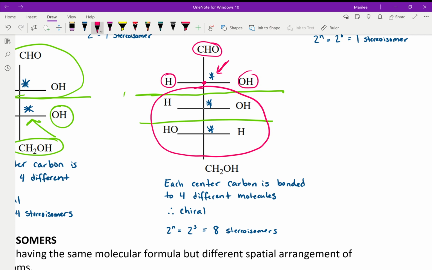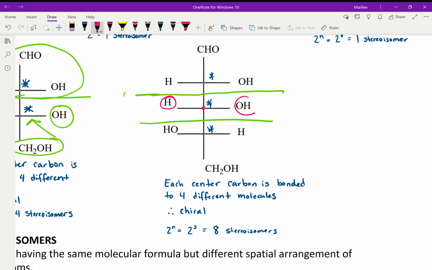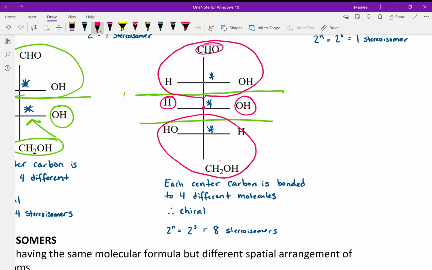Okay, now we do the same thing for the second one. So now for this carbon, right, I have bonded to a hydrogen, an OH group, and then I have this whole big group up here, and then this group down here. And they're both different, right? We have a CHO up here and we have CH2OH down here, so they're both different. That's where I get our second chiral center from.